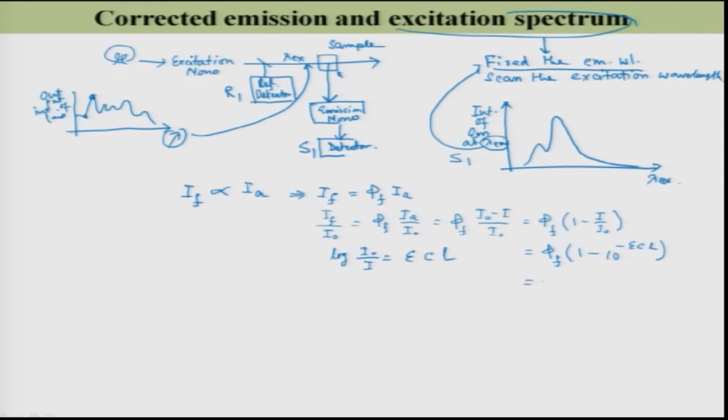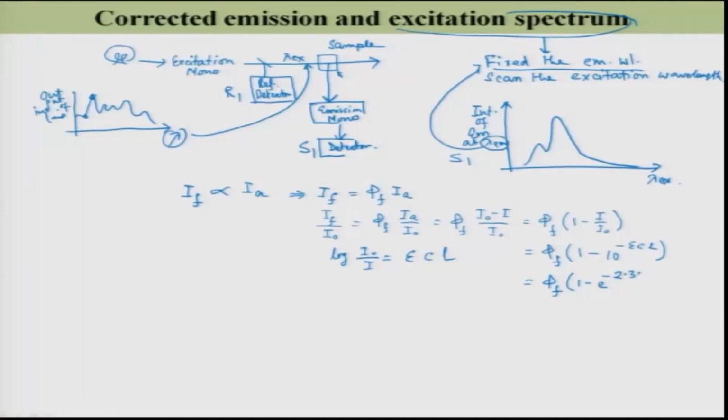So, this can be written as phi f times 1 minus e to the power minus 2.303 epsilon CL. So, e to the power minus 2.303 epsilon CL, I can write it as 1 minus 2.303 epsilon CL, provided that epsilon CL, that total quantity, is very small.